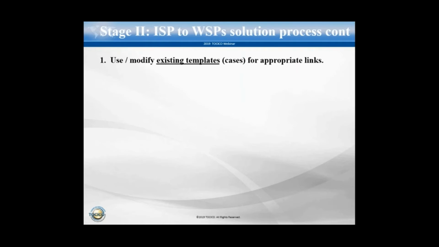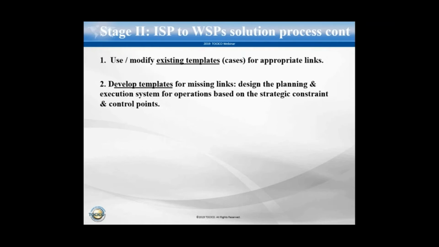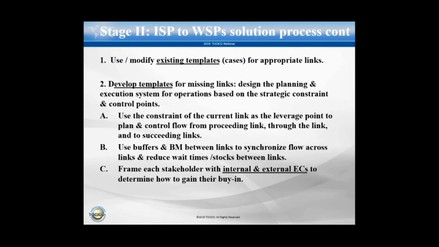So the second stage is we just take existing and modify templates for the various cases that exist, entities that have been solved, or we develop new templates for the missing links. And that's the process of doing that.